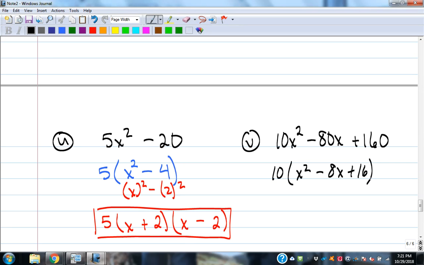GCF of 10, 160. That'll make a difference. All right, now, will that x squared minus 8x plus 16 factor any further? And if so, what method? It's got to be the x method because there's 3 terms, right? What number goes up top? 16. Negative 8 at the bottom. Multiply to be positive 16, add to be negative 8.